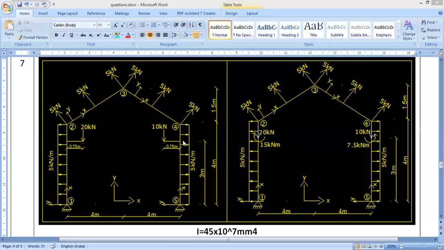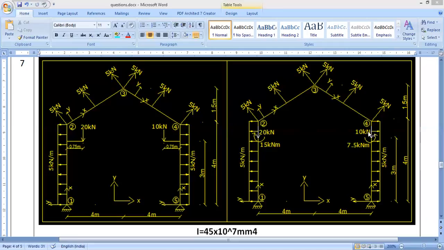Similarly, on this side also you will apply an equal and opposite load. Here you should apply the upward and downward load, right? And this load and this upward load will form a couple which is in the anti-clockwise direction, and you will have the load which is acting downward.